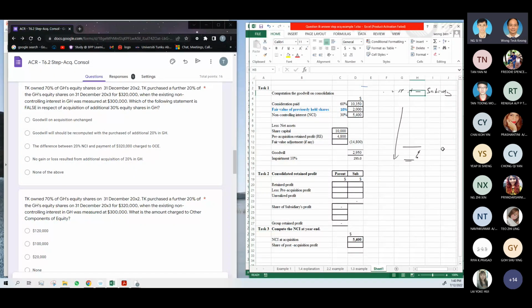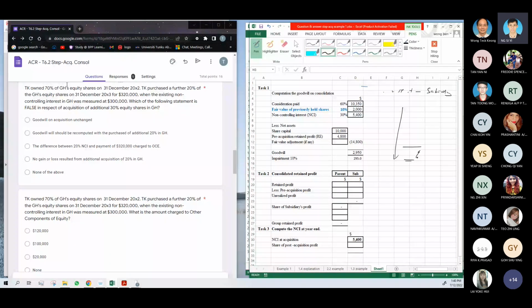Okay, they say TK owns 70% of GH. So TK own GH 70%. 31st December X2. So they buy another 20%. What type is that? This is type 3.